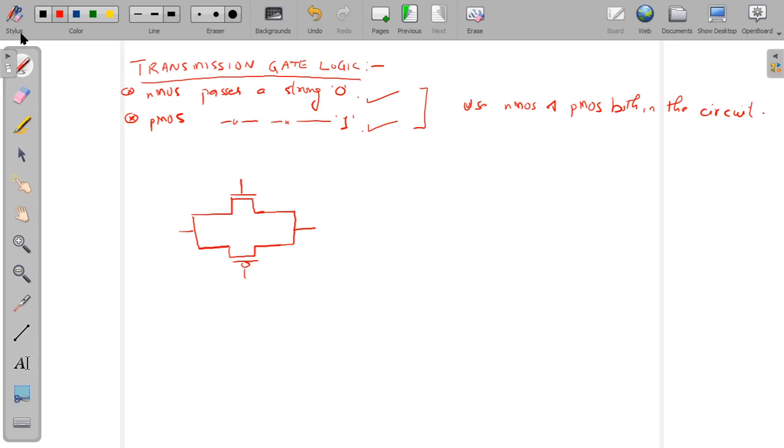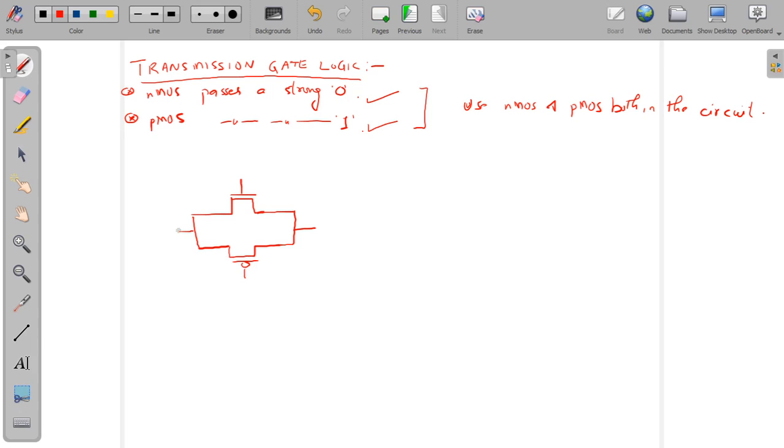So this is the NMOS pass transistor and this is one PMOS pass transistor, and to make use of both in one circuit, we will have to combine one NMOS with one PMOS pass transistor. Then only we can say that we are using the best of both worlds.